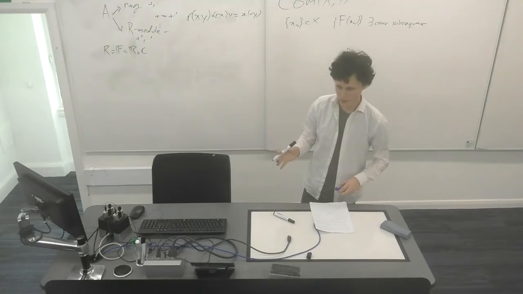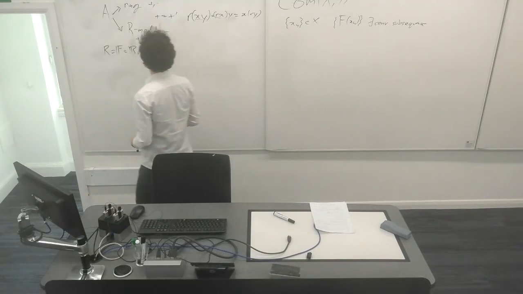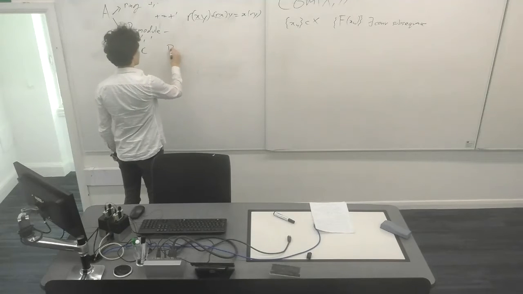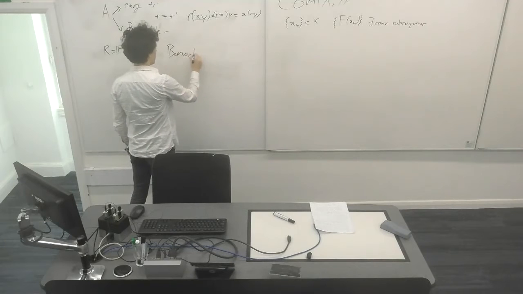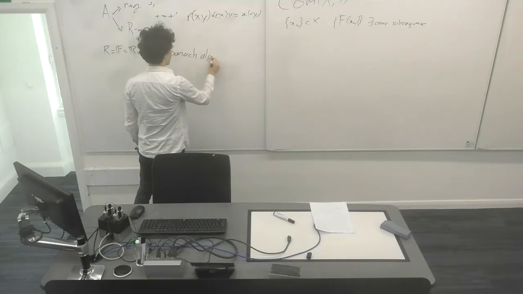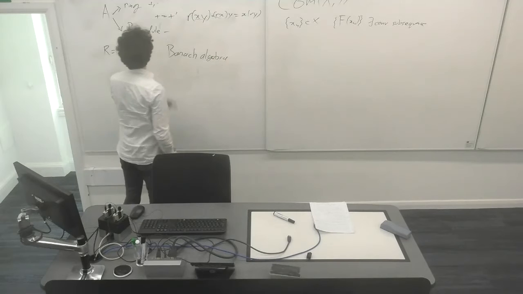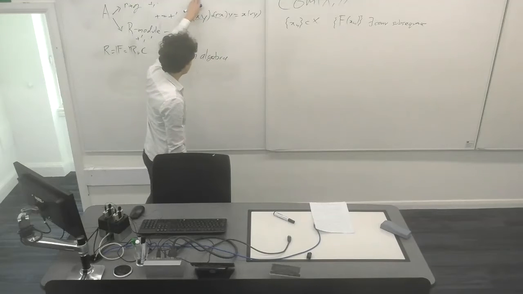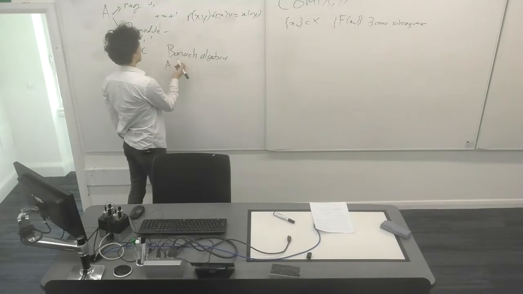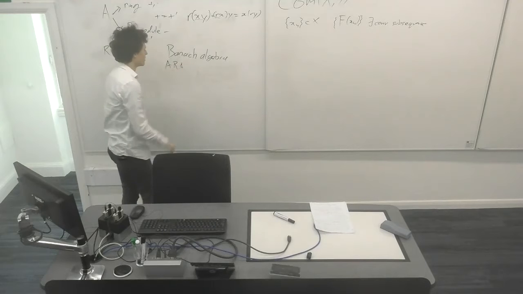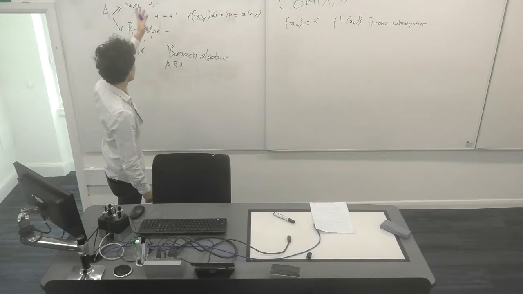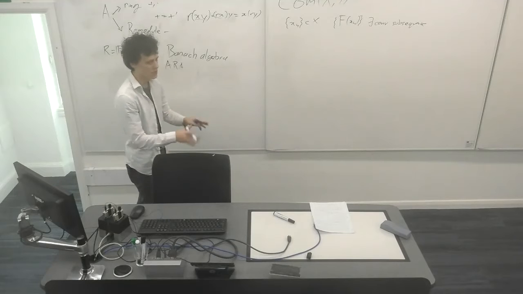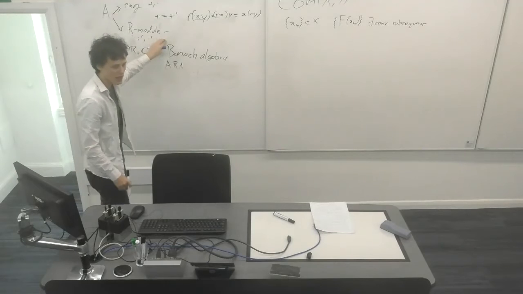If it's a normed vector space, we call it a Banach algebra. It's just an associative R algebra, or F algebra in this case, with the property that the vector space you get from this is a Banach space.